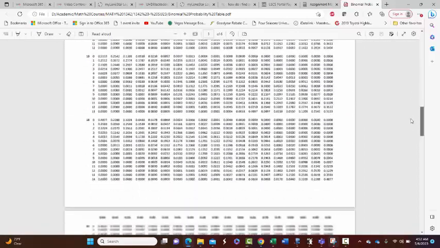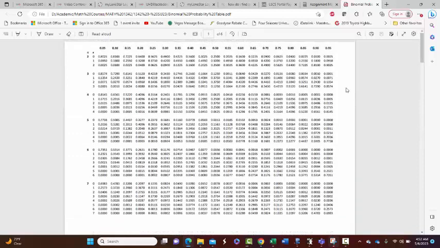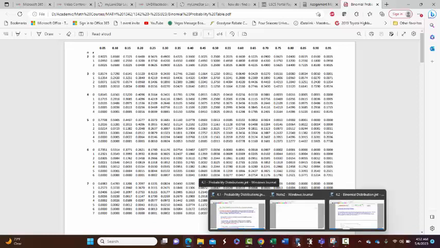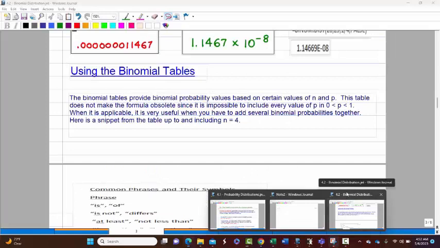I can make it be numbers that fit on here. You're still going to have to know how to do single probabilities, using either Excel or the calculator. This doesn't solve everything, but it's going to solve anything on a test that involves adding probabilities together. I will make sure it's something you can find off this chart. But then again, you could still choose not to use this chart.